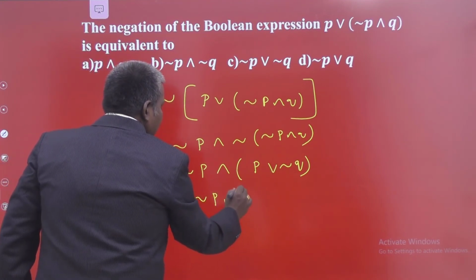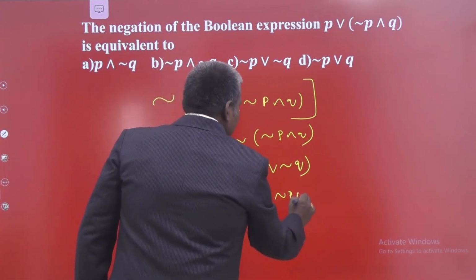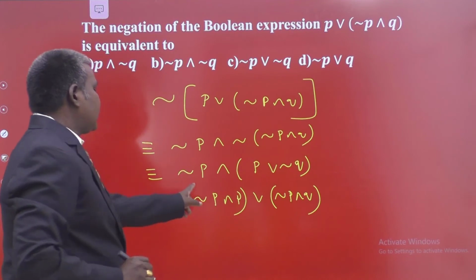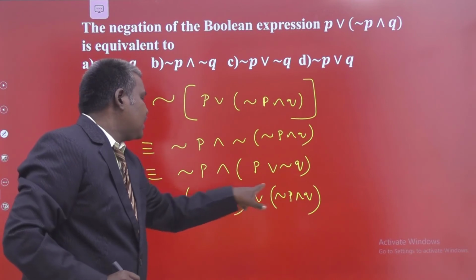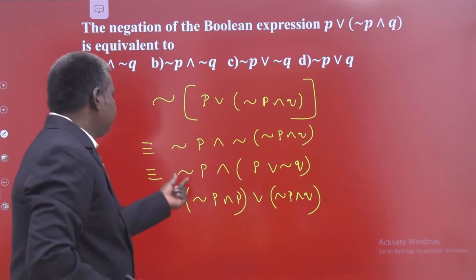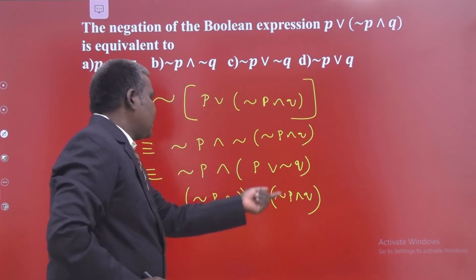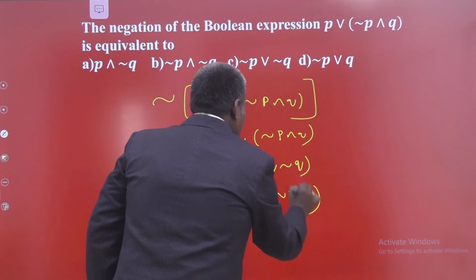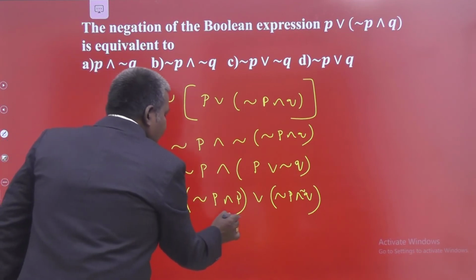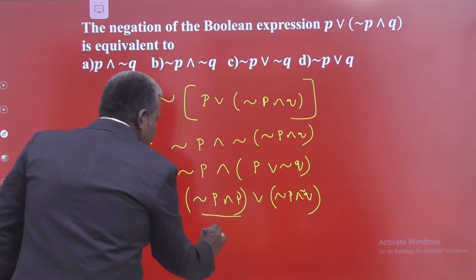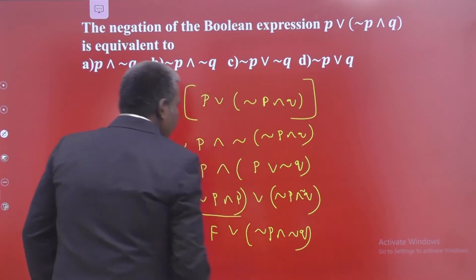Negation of P and P, or negation of P and negation of Q. Negation of P and P is nothing but a false statement. This is false, or negation of P and negation of Q.